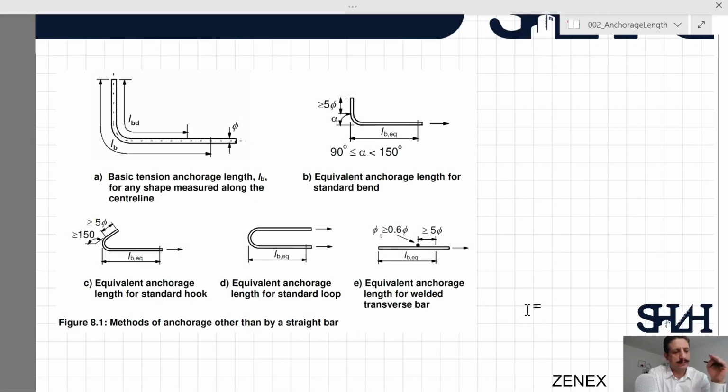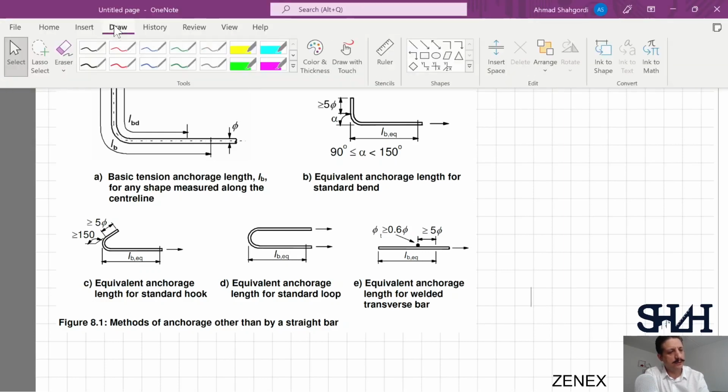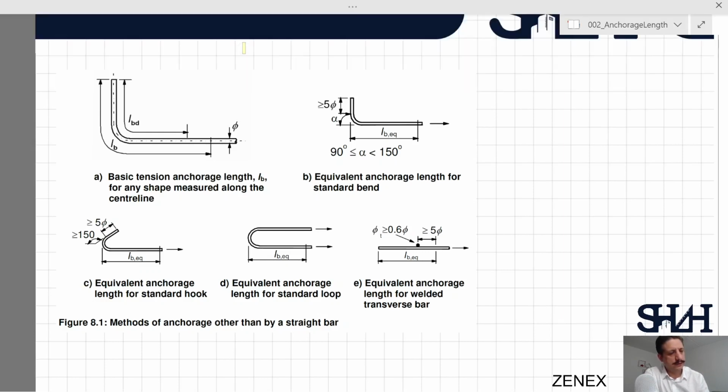Methods of anchorage are shown in figure 8.1. A, this is the basic tension anchorage length, lb, for any shape measured along the center line. One important note is that it's always from the center line. If you have a 90-degree bend, then the equivalent anchorage length for a standard bend is calculated as we can see here.